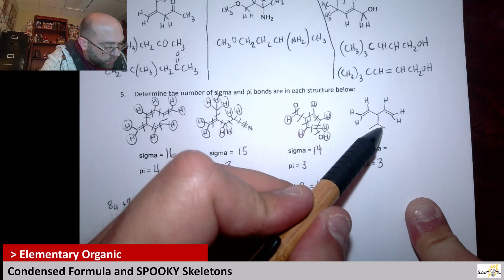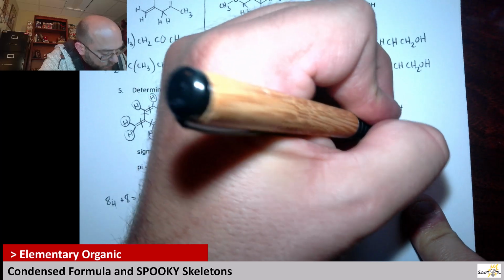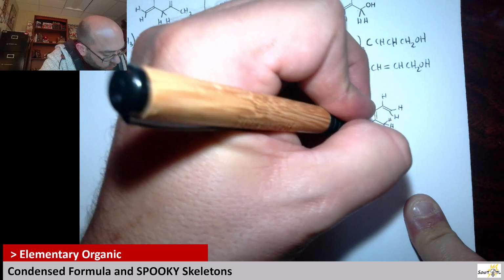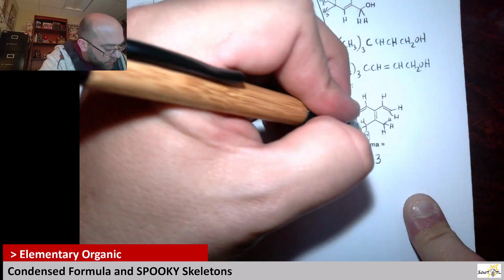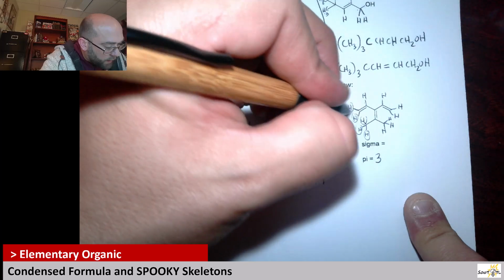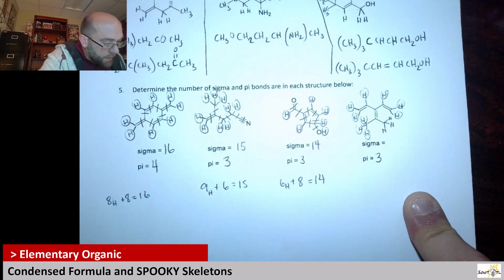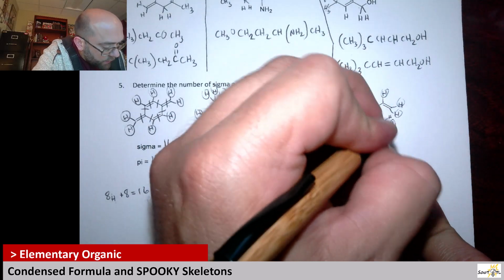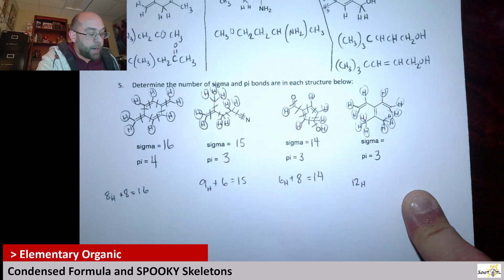This carbon has 1, 2, 3, 4 shown, so there aren't any there. And then each one of these carbons has 3. So just from hydrogens, I would say 1, 2, 3, 4, 5, 6, 7, 8, 9, 10, 11, 12. So I have 12 sigma bonds due to hydrogens.